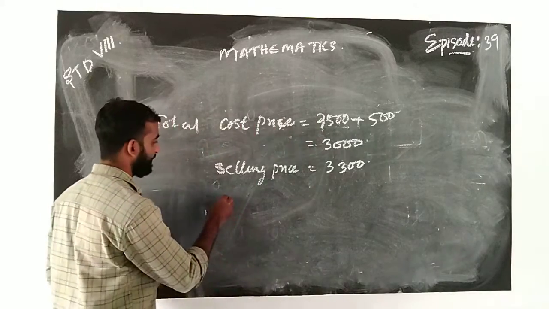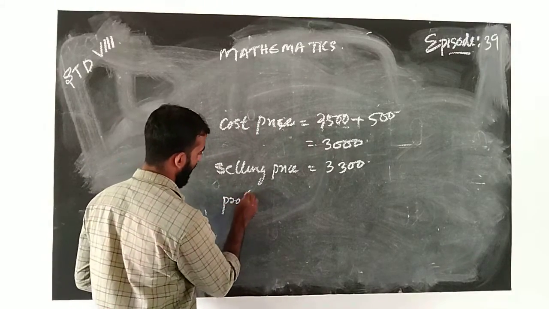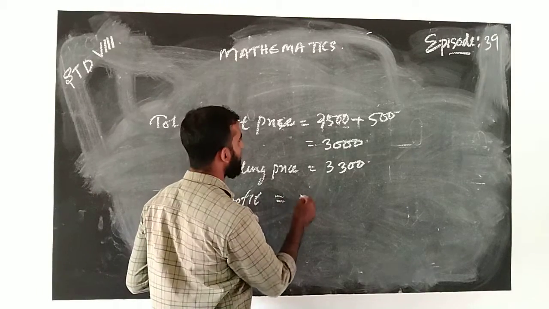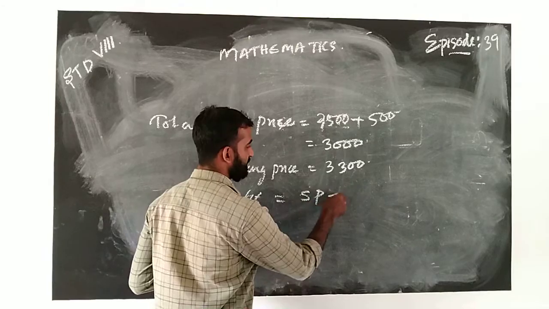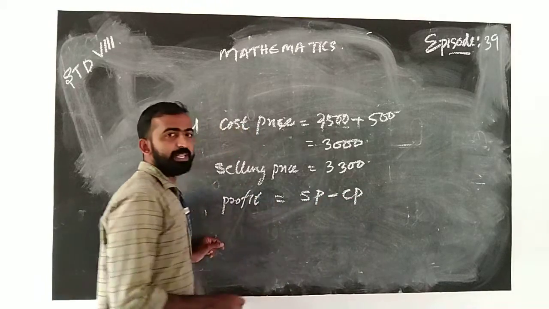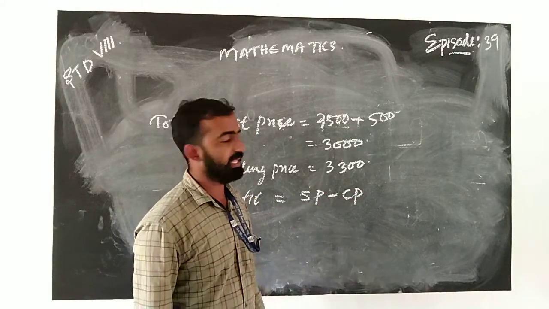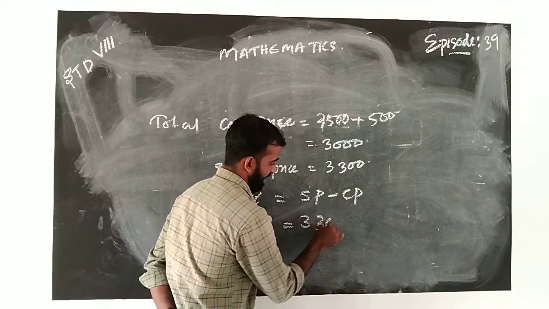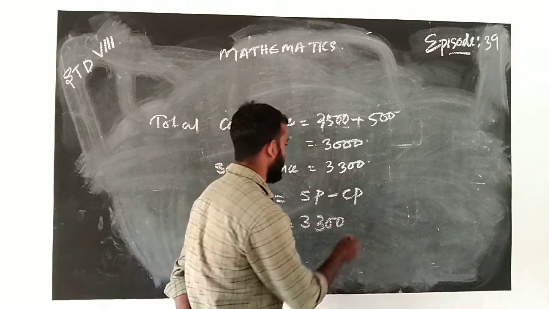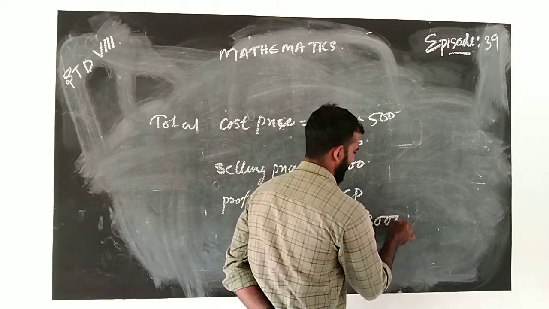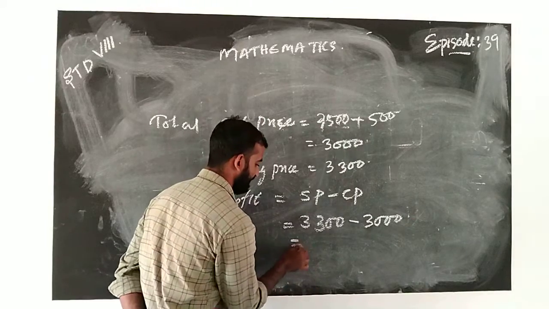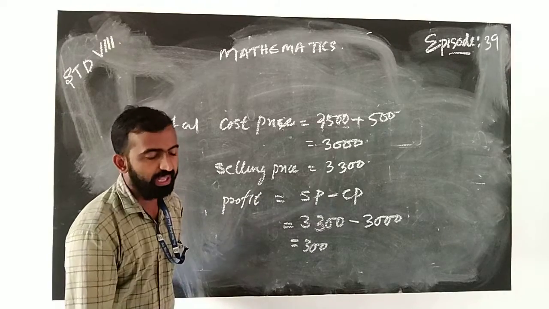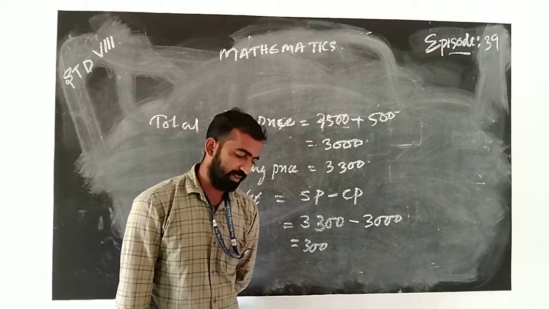What is profit? Profit equals selling price minus cost price, SP minus CP, where SP means selling price and CP means cost price. That is 3,300 minus 3,000, which is 300. Profit is 300.